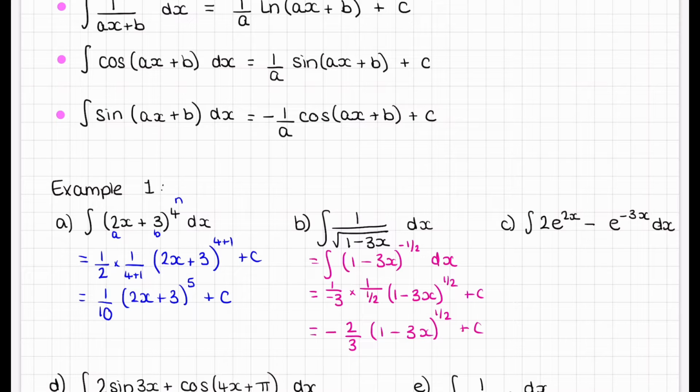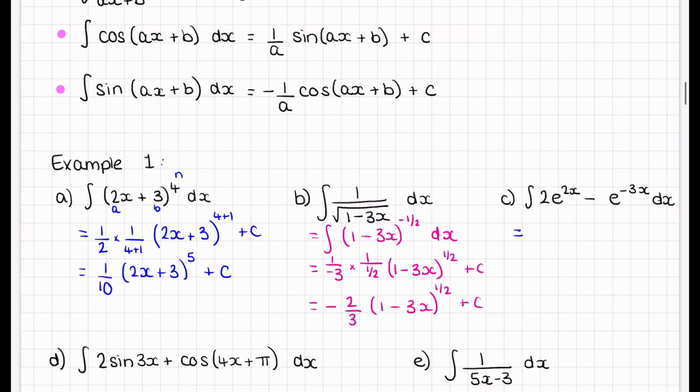Part C, we've got the integral of 2e to the power of 2x minus e to the power of negative 3x dx. So the a in this one is the 2. There is no b because we've got nothing added in the power. Therefore this one will be that 2 stays out the front, and then we'll have that multiplied by 1 on a, which will be a half. e to the 2x stays the same.